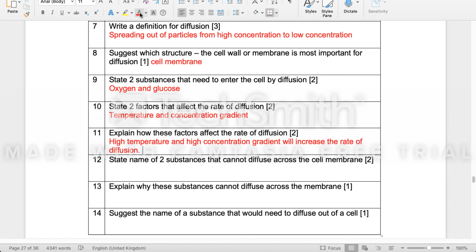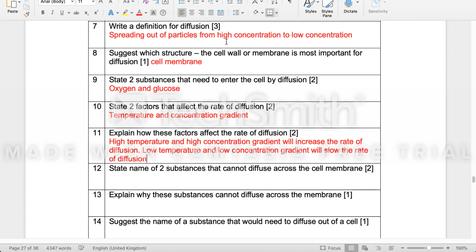All right, so when you increase the rate, that means you're getting faster. And then the opposite would be true. So low temperature and low concentration gradient will slow the rate of diffusion. Okay, that way we're on the same page there.